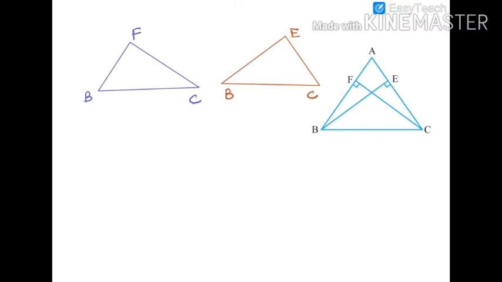Let's mark the sides and angles that are equal in these two triangles. BC is equal to BC because that is a common side. Also, CF is perpendicular to BF and BE is perpendicular to CE because CF and BE are altitudes.